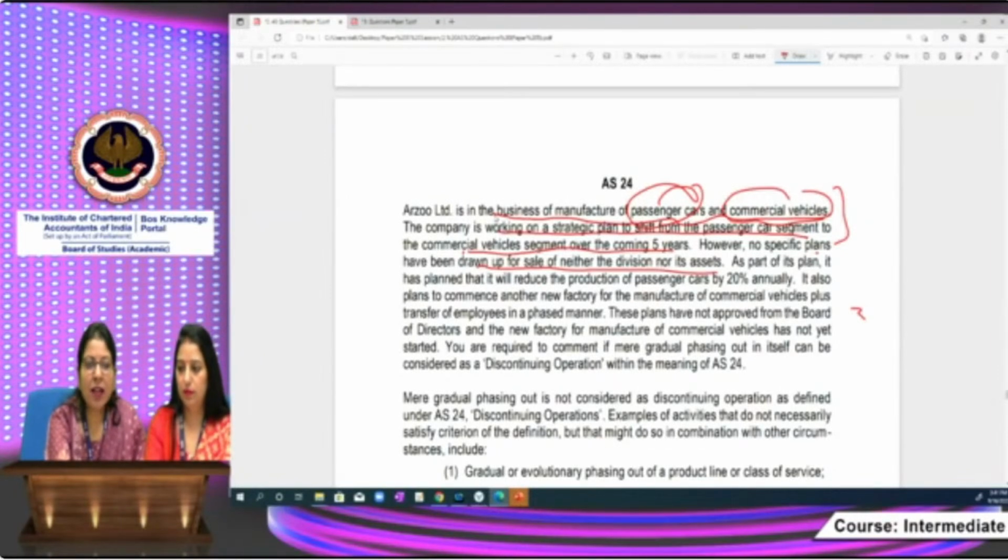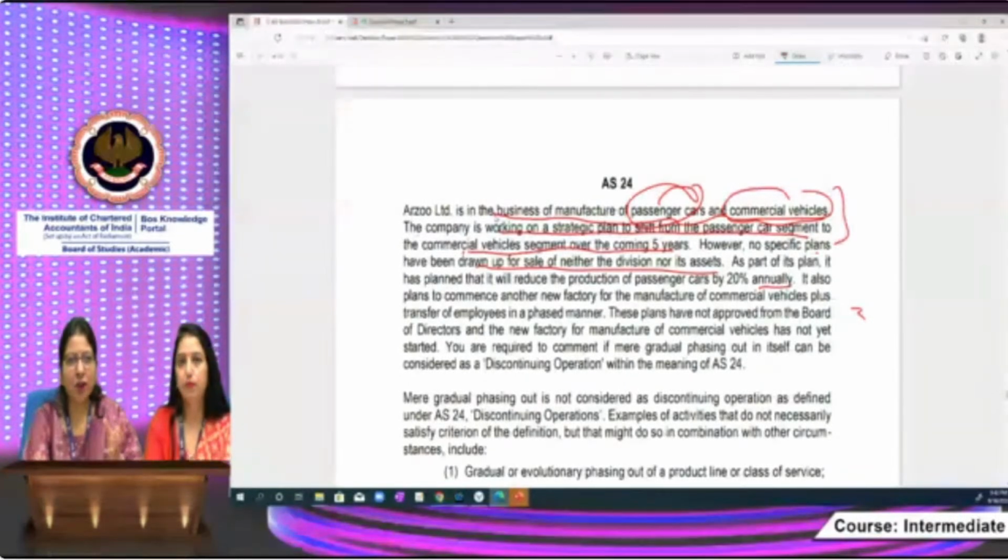In the question we are provided that there is no specific plan of the company, and as part of its plan, it will reduce the production of passenger cars by 20% annually. So the discontinuation will be in a phased manner. It is not in a one-time manner.